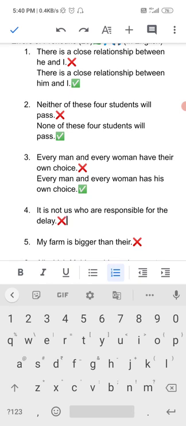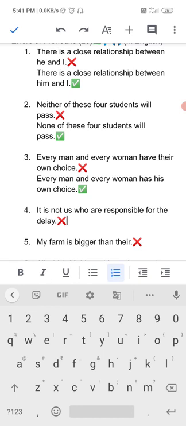It is not us who are responsible for the delay. The setting of the sentence begins with it, and it is followed by the be form is. So the rule says when the sentence holds a be form and before the be form there is it, and if we wish to use a pronoun after the be form, then we have to use that pronoun in its nominative form.